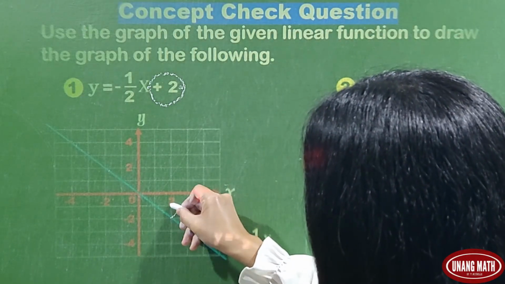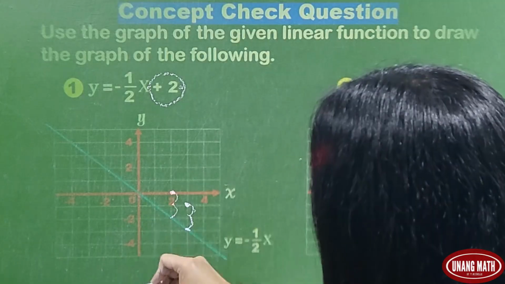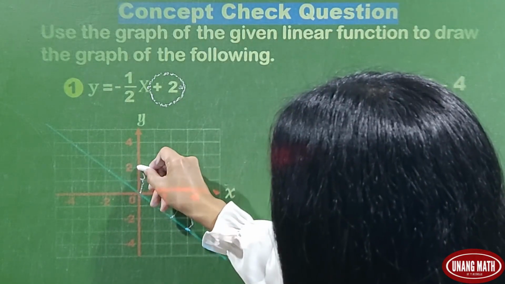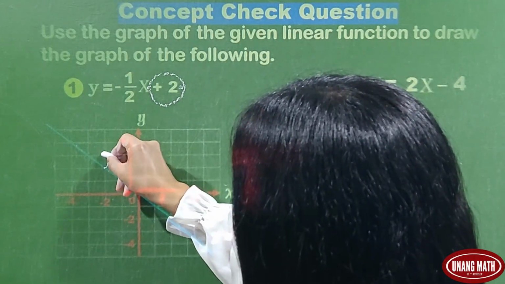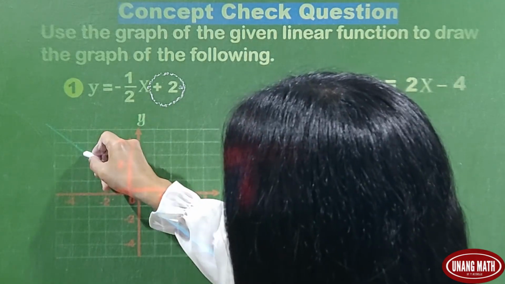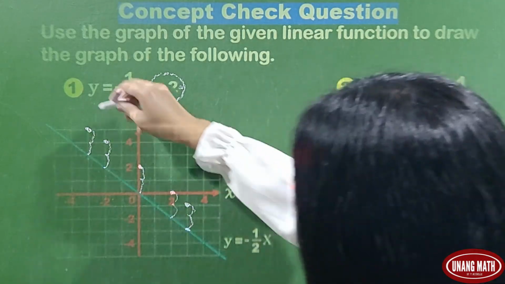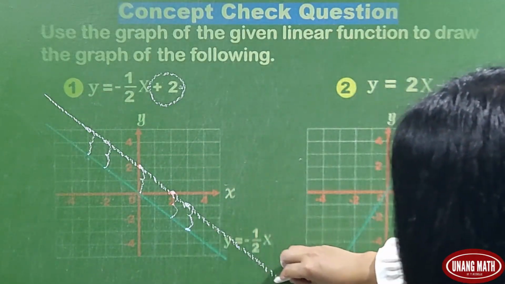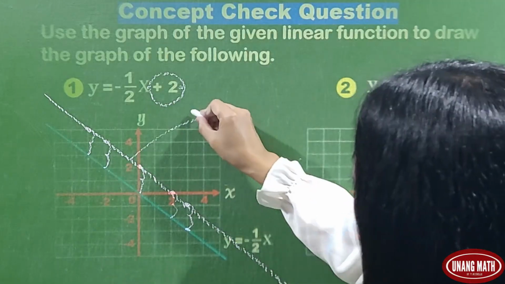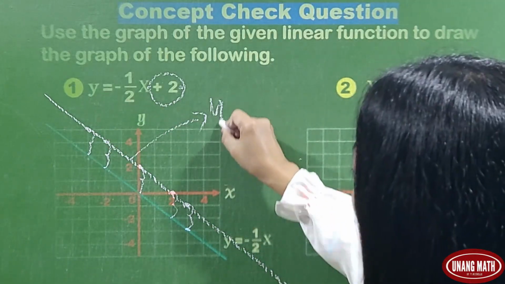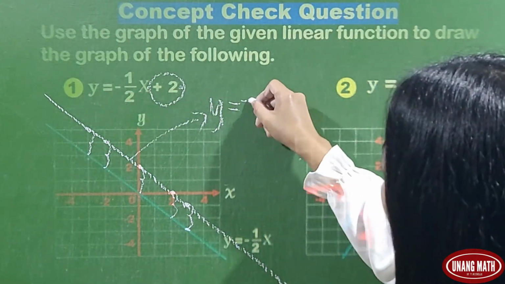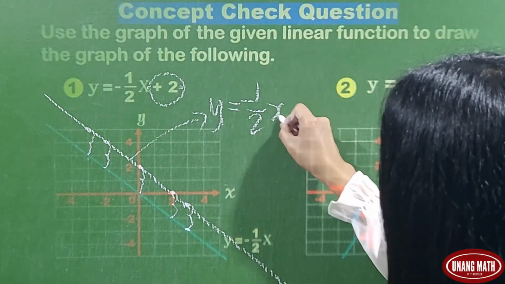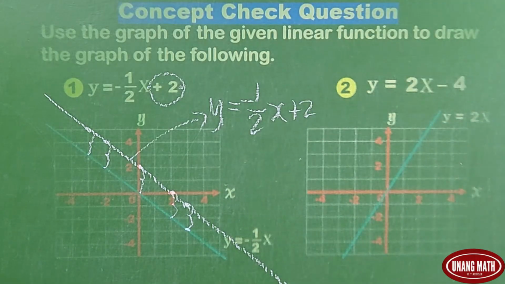So move 2 units, 1, 2, this point. Again 2 units, 1, 2, this point. And if we're going to connect these points, so this is now the graph of y is equal to -1/2 x plus 2.